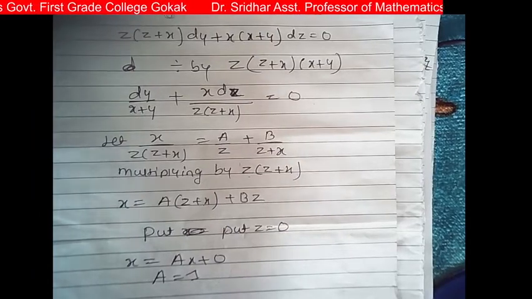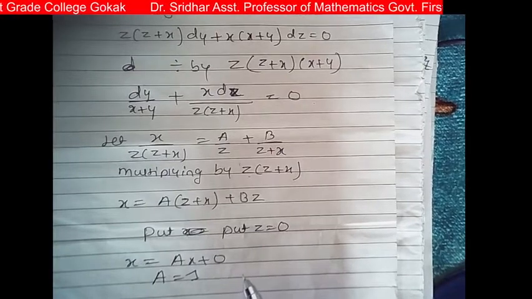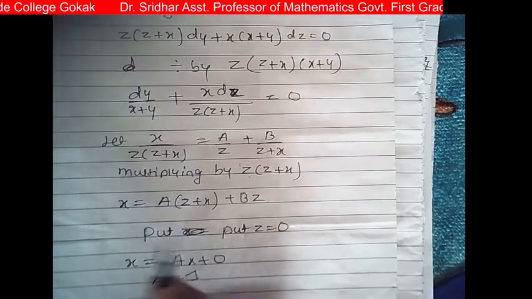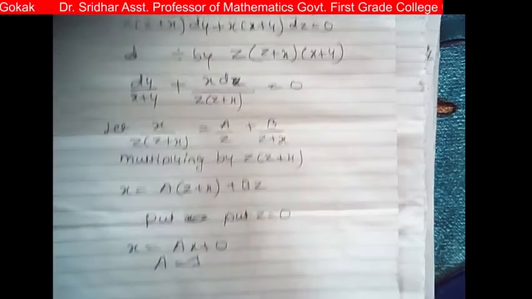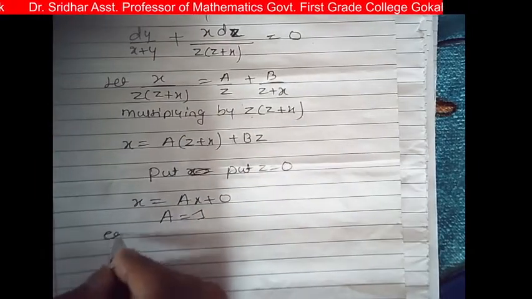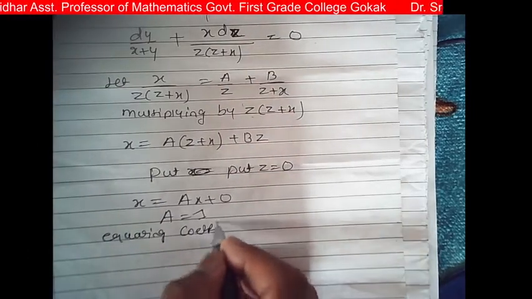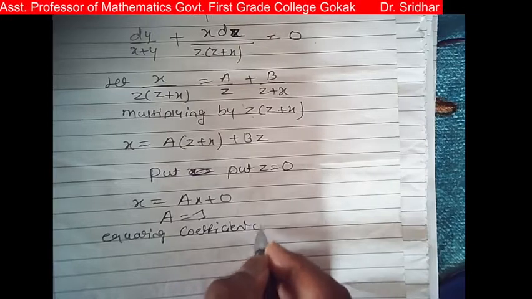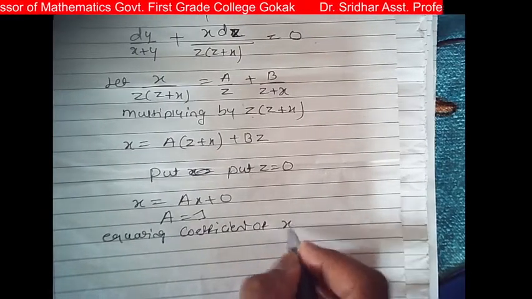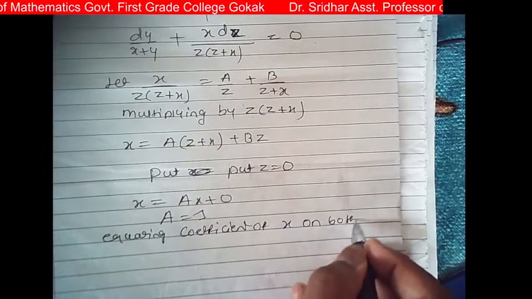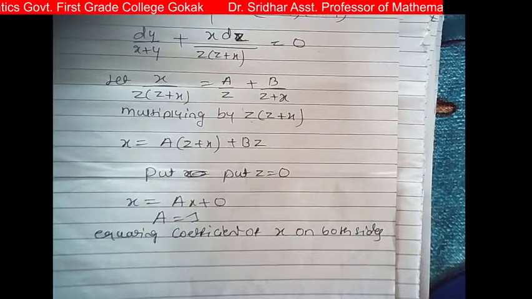Okay, so now next is to find the value of b. To find the value of b, so what I do, I equate the coefficient of x on both sides.